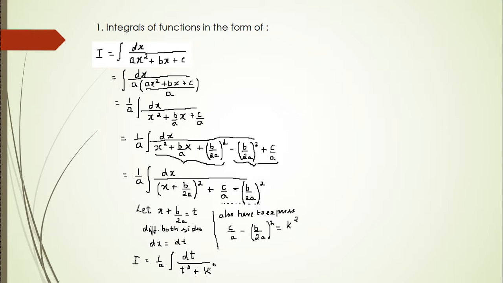Now this is the method that we will follow to find the integrals of this form. Now let us do a few sums that will help us to understand this procedure much better. Okay, the first example I have, I is equal to integral dx divided by 3x square plus 13x minus 10.